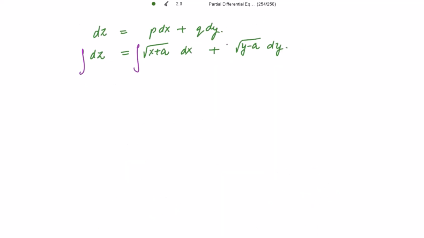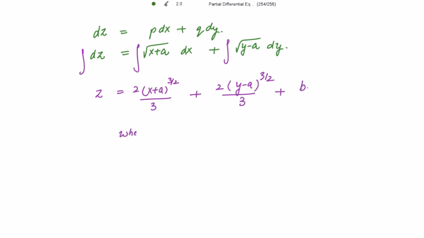On integrating we get z = (x + a)^(3/2) × 2/3, since when integrating the power 1/2 it becomes 3/2 divided by 3/2, plus (y − a)^(3/2) multiplied with 2/3, plus the constant b, where a and b are arbitrary constants.